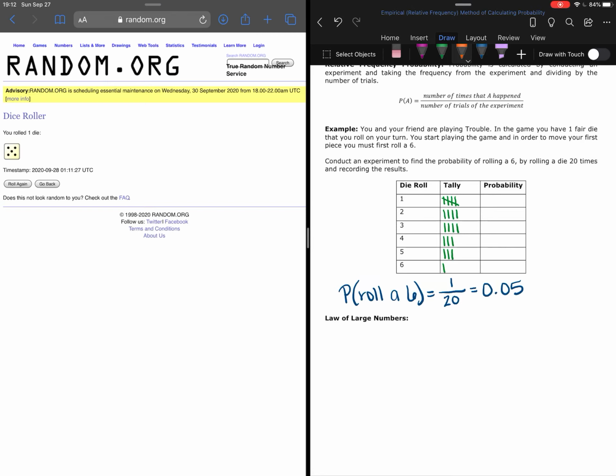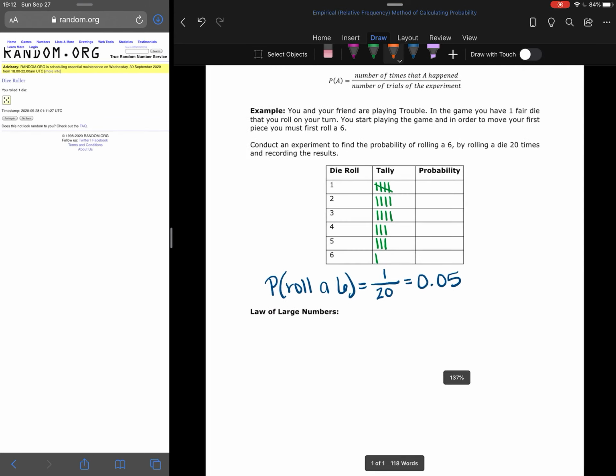So a second piece to go along with this is the law of large numbers, and I am going to change the size of the screen at this point.